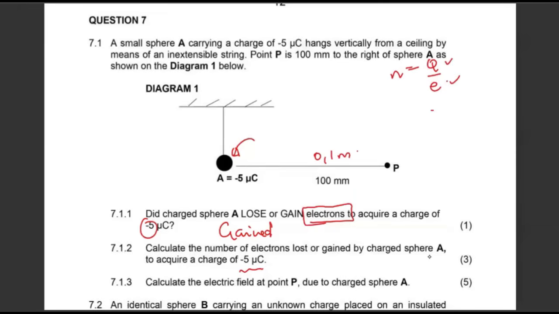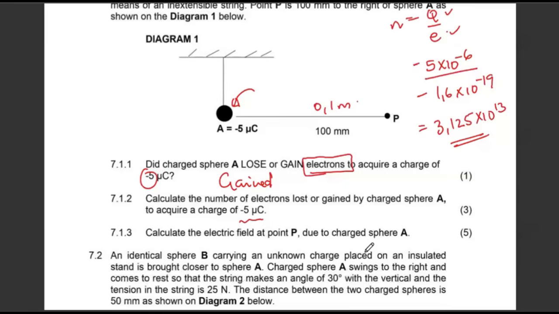So you're going to have 5 times 10 to the -6 over, we can use the negative, there's no problem, the electron charge of -1.6 times 10 to the -19. When you punch this into your calculator, I'm getting 3.125 times 10 to the exponent of 13 electrons. So that's how much was gained or transferred.